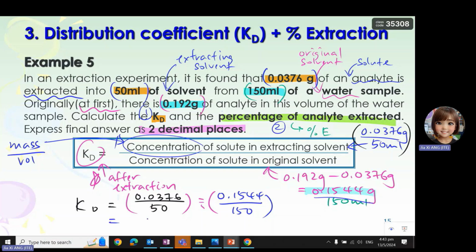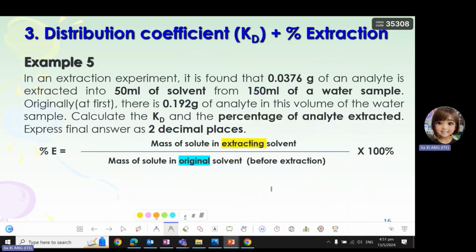So key in the values in your calculator and you should get 0.73 in 2 decimal places. Take note, KD has no unit, dimensionless, because you cancel off the unit. Concentration in this case is gram per ml. Concentration for the bottom is also gram per ml. So you cancel off the unit. KD is dimensionless, no unit.